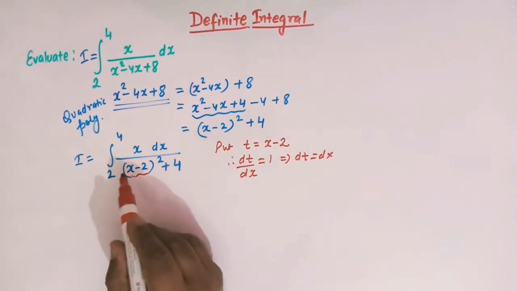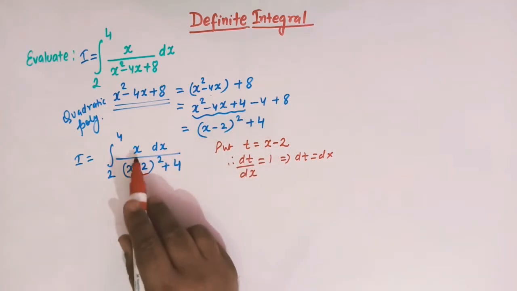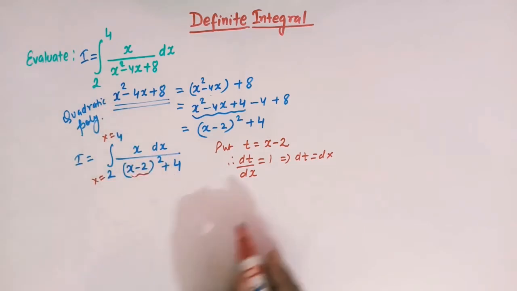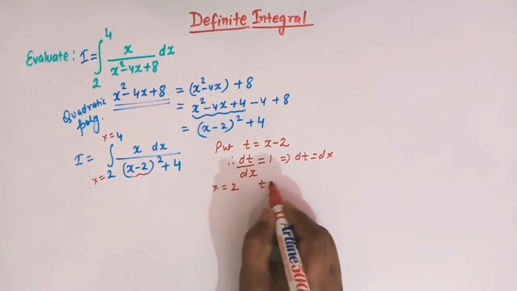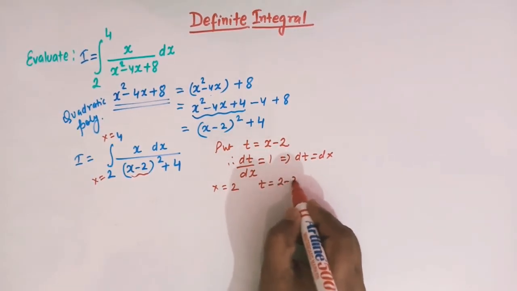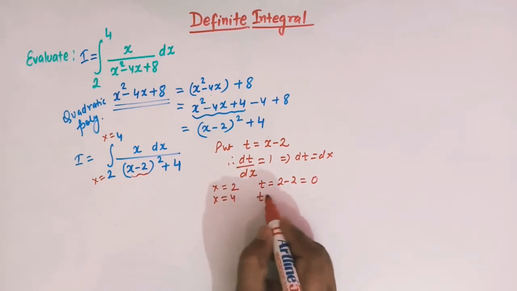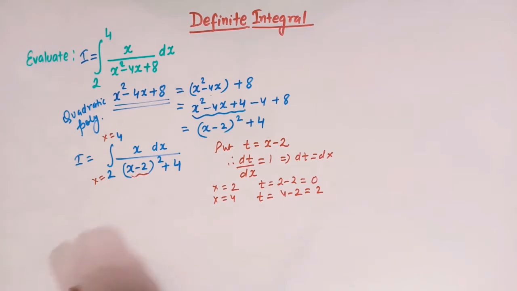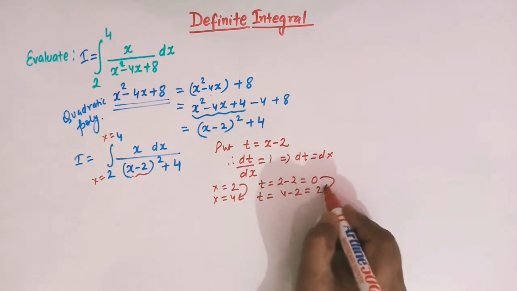Since we are changing the variable from x to t, let us change the limits accordingly. Here x varies from 2 to 4. So when x is 2, the value of t is 2 minus 2, that is 0, and when x is 4, then t is 4 minus 2, that is 2. So when x varies from 2 to 4, t varies from 0 to 2.